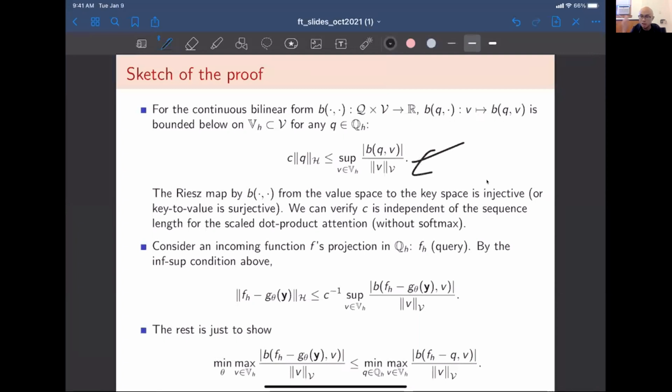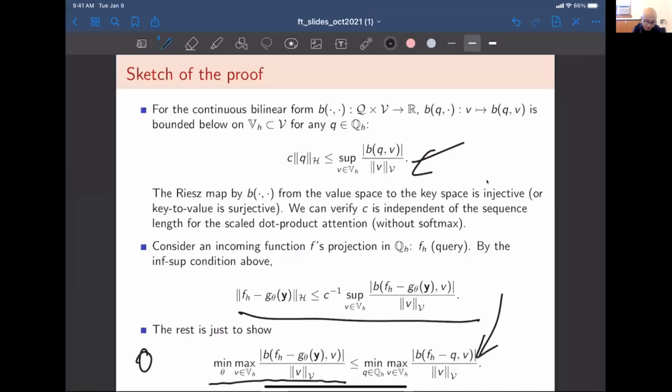We assume the key space is bigger than our value space, so if the query comes, we have enough keys to unlock the best approximator. Then we apply the inf-sup condition. After we apply it, the rest is just to prove the best approximation when we minimize.